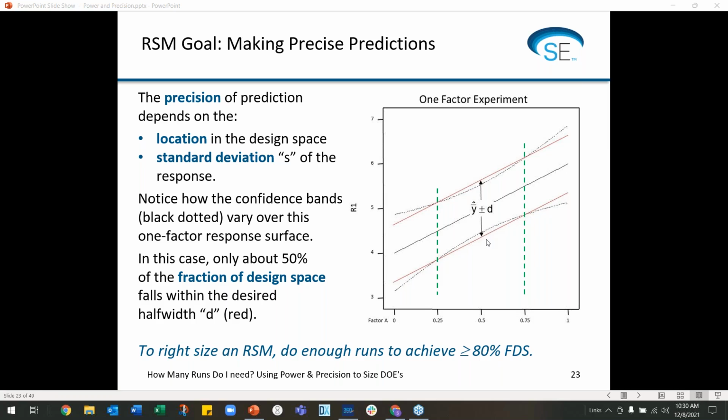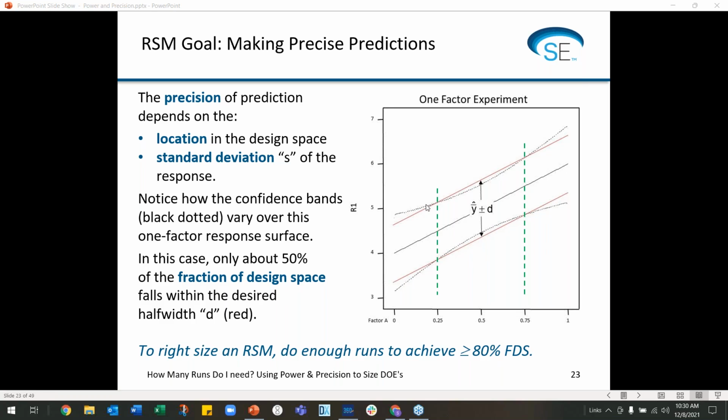We're not defining our area yet, but you can see that where the confidence interval is within the red line, we're getting predictions that are precise enough. Really, from this green line to that green line, that's the area where we're getting precise predictions.